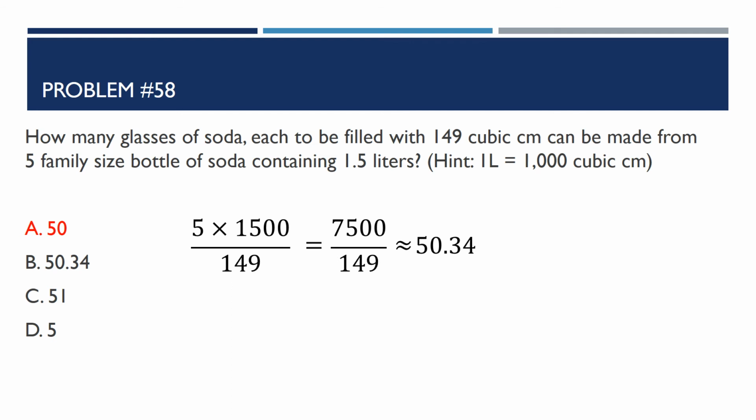So that means it's not counted, since it's given that each glass is to be filled with 149 cubic centimeters. So again, this 0.34 glass of soda didn't reach 149. It's only 0.34 of 149. So the answer is 50.